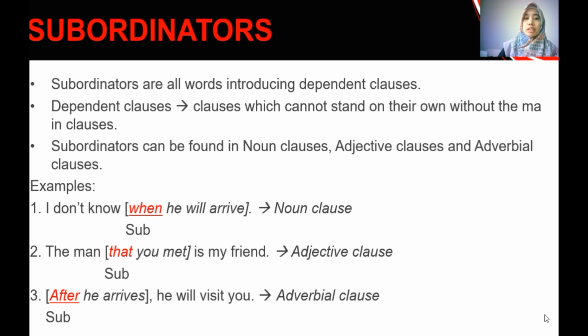After he arrives is an adverbial clause, and this adverbial clause is introduced by the subordinator after. Right, so as you can see here, the subordinators are parts of the dependent clauses in a sentence. To be able to insert this dependent clause into the main clause or the independent clause, you must use the subordinators.